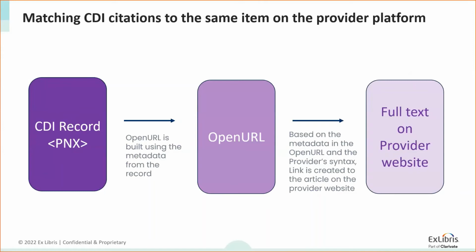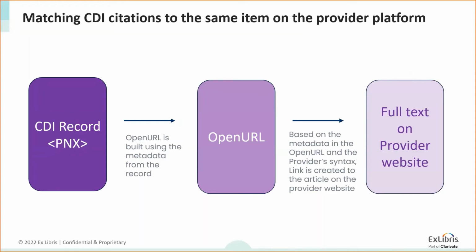The browser, or the UI side, knows how to generate the open URL. That is a format used to hold all the metadata imported from the record, and it belongs to everybody. We use this format to generate the link to the link resolver.